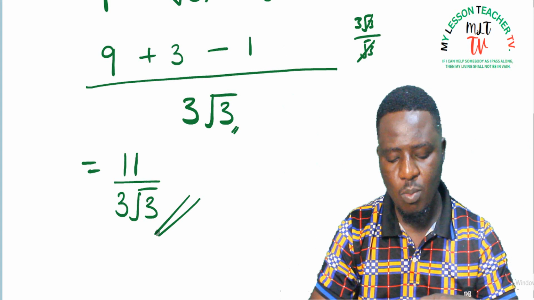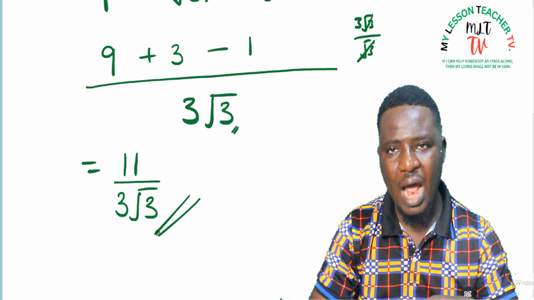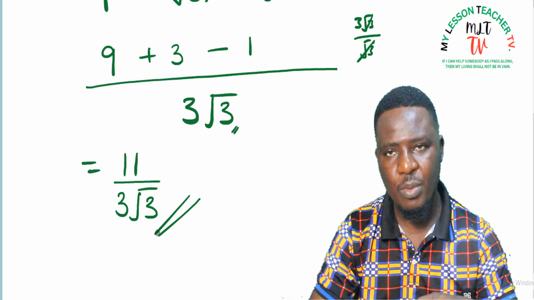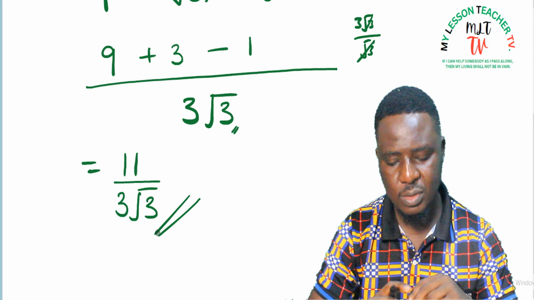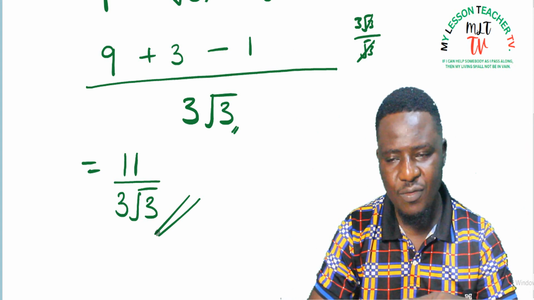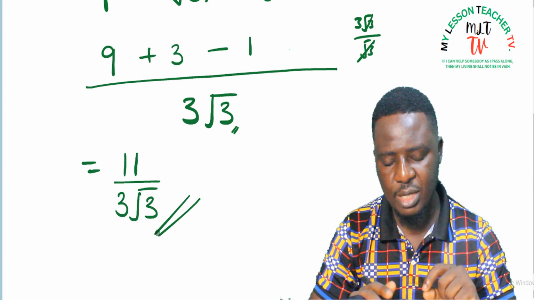I will do more explanation when it gets to rationalization of denominators, which may come up in our next 2 classes. So for the sake of this particular class, we'll leave it as 11 divided by 3 root 3.